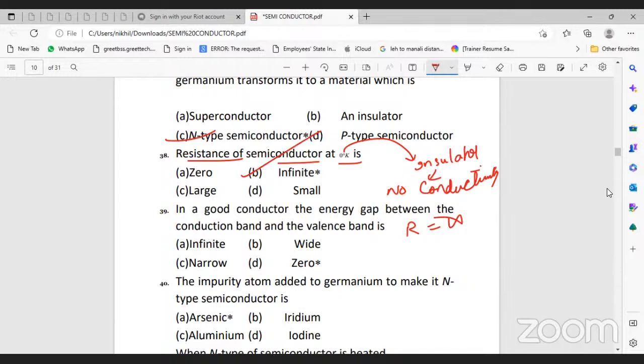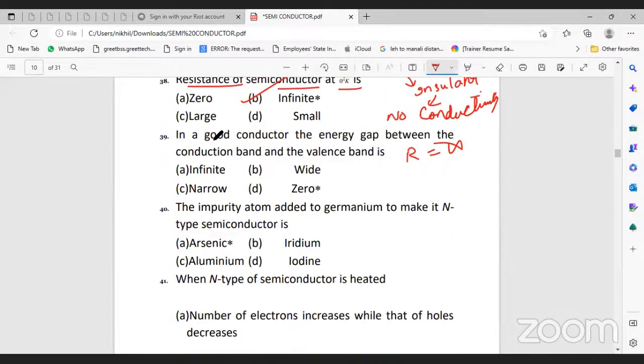In a good conductor, the energy gap between the conduction and valence band should be zero, because a good conductor means the valence band and the conduction band will overlap. Since the valence band and the conduction band overlap, the energy gap must be zero.